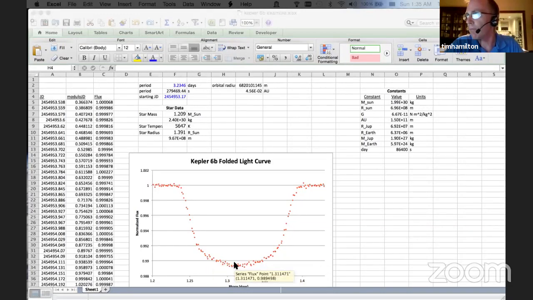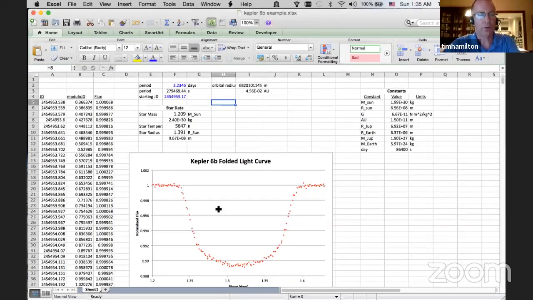This is also pretty neat, because if the flux drops by about 1%, that means geometrically, this is almost purely geometry, that the planet has a cross-sectional area which is 1% the cross-sectional area of the star.